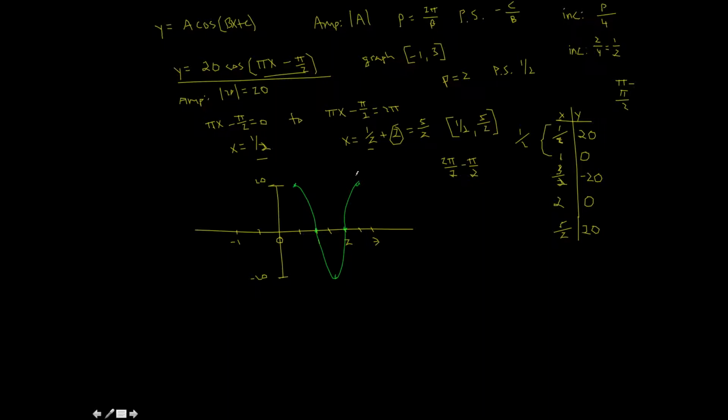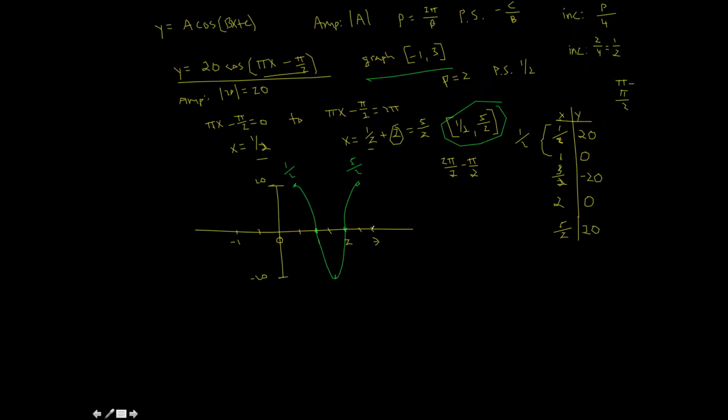We've gone one full cycle from 1/2 to 5 halves. That's one full cycle. We found that out right there. But notice what our question asked us to do. Our question asked us to graph it from -1 to 3. So we've got a little bit more work to do.